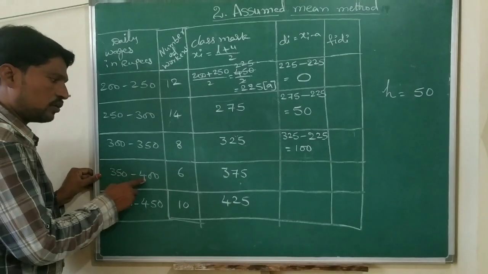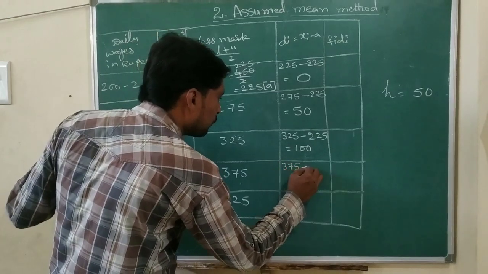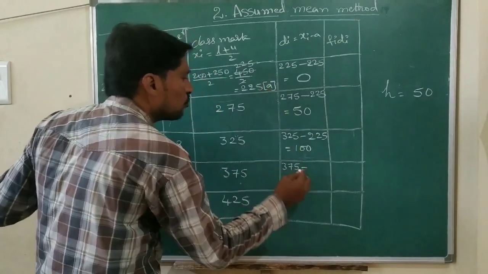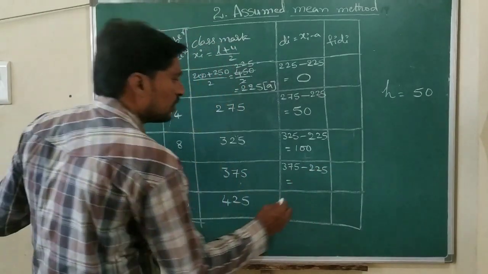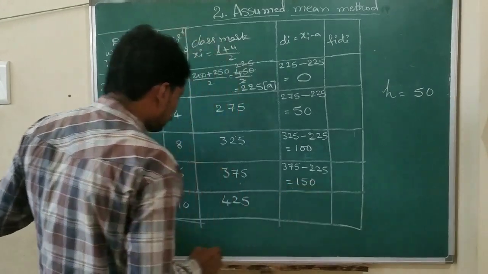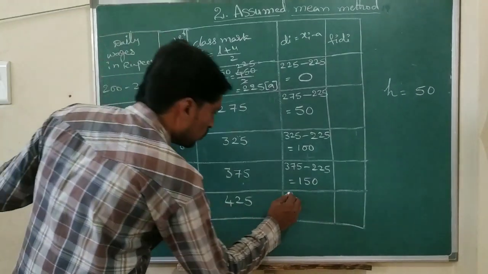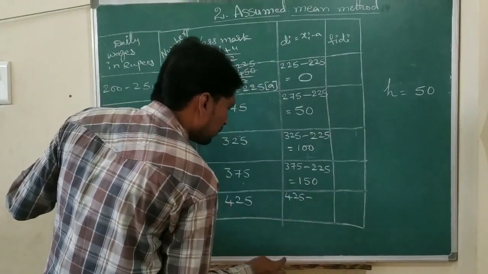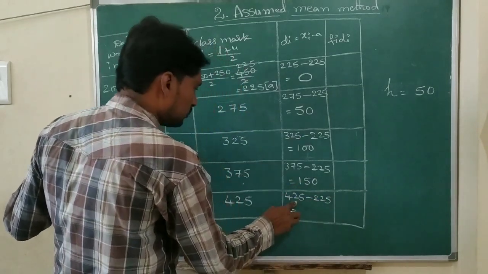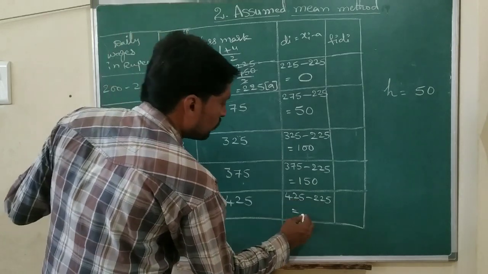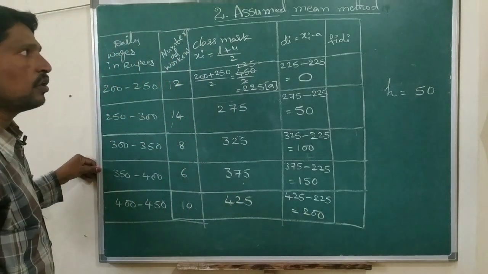Next, 350 to 400 class interval, class mark is 375, xi is 375 minus a value 225, so we get 150. For 400 to 450, the last class interval, class mark is 425 minus a value 225, we get 200.